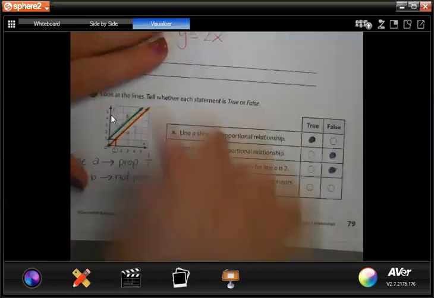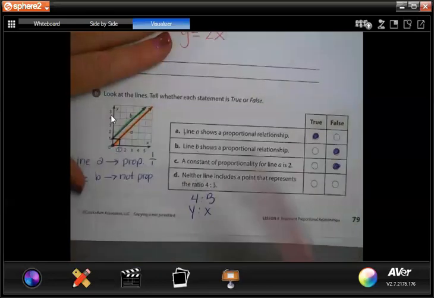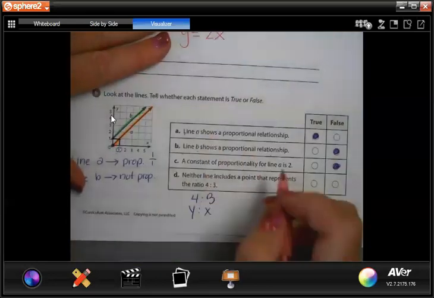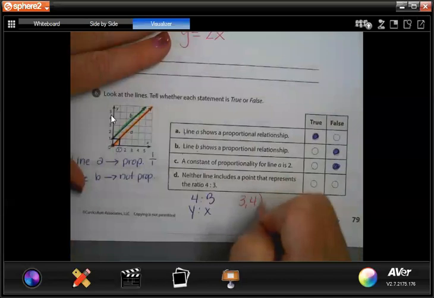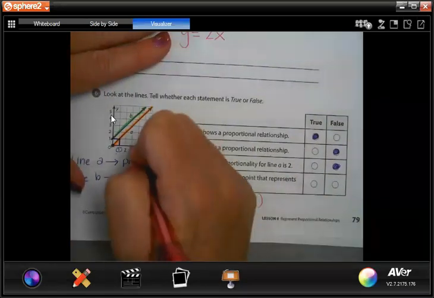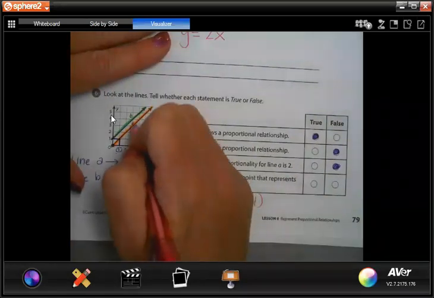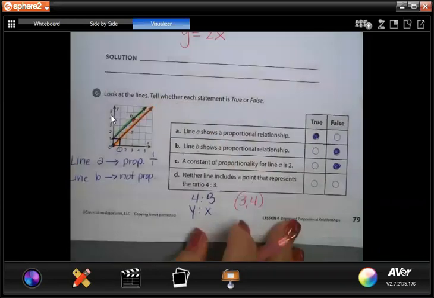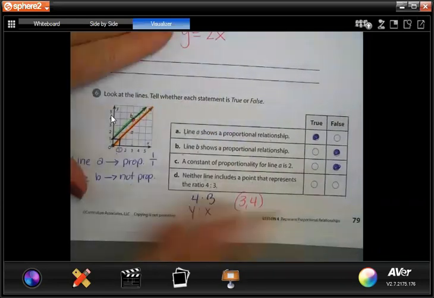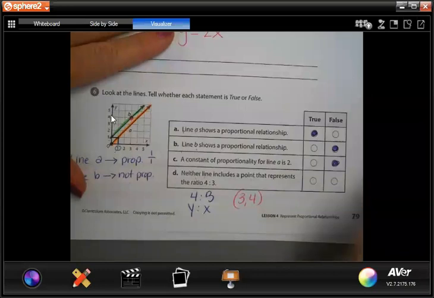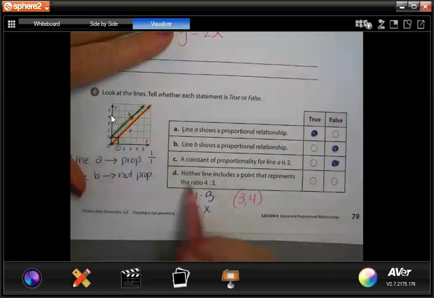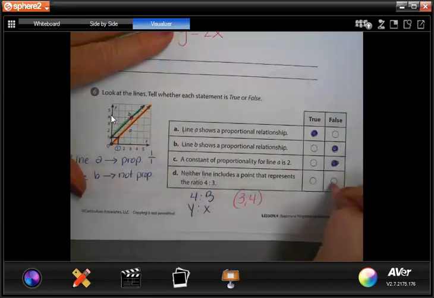So what I'm going to do is go to 4, 3, which as a coordinate is 3, 4. So 3, 4 is right here. And look at that. This would be false because line B does have a point that has that ratio. So that is false.